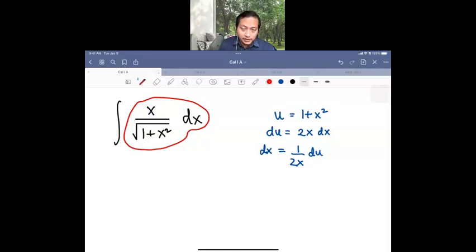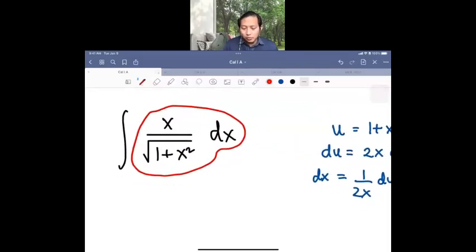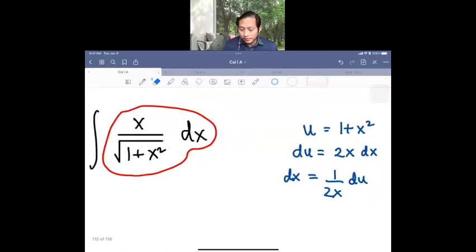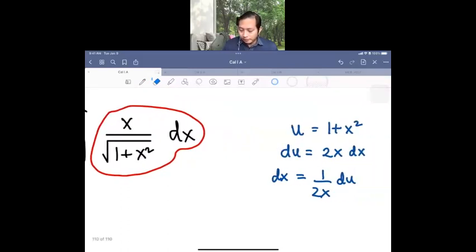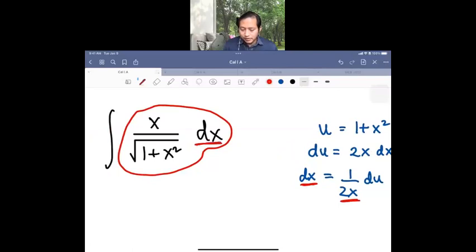And when we change the derivative of that variable, it needs to cancel one of the elements in the integration. For example, now our dx is 1 over 2x du. If we exchange the dx, this will cancel this x, right? That's the main idea.